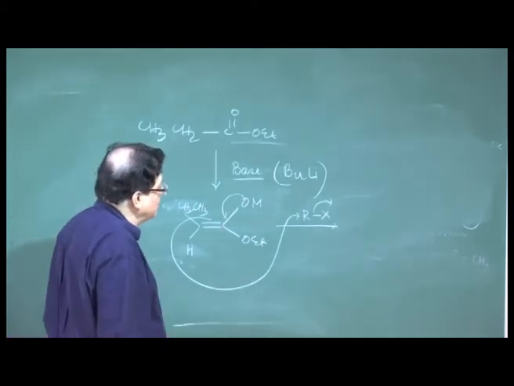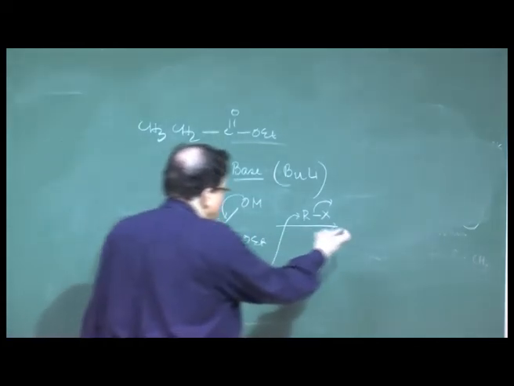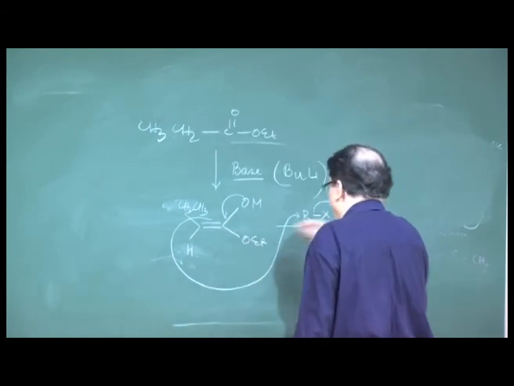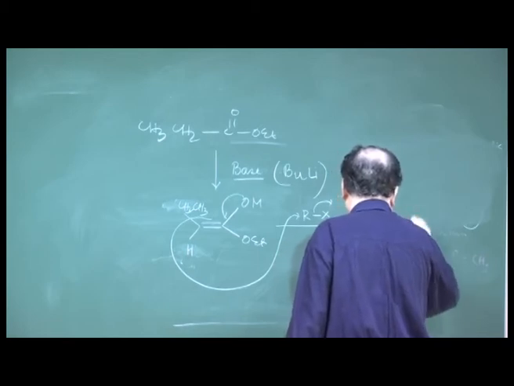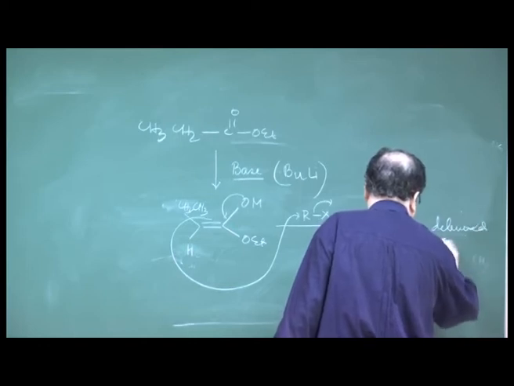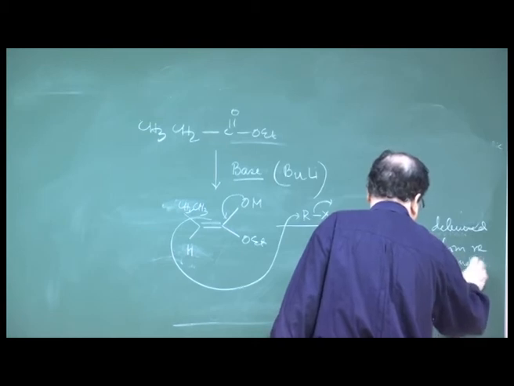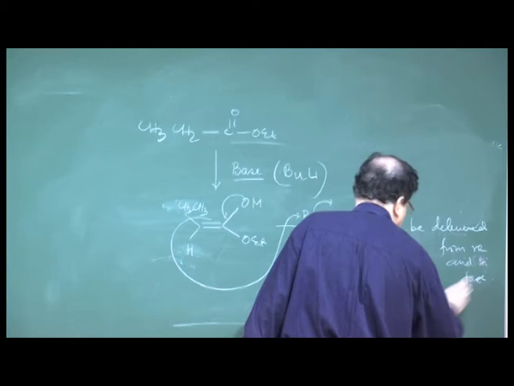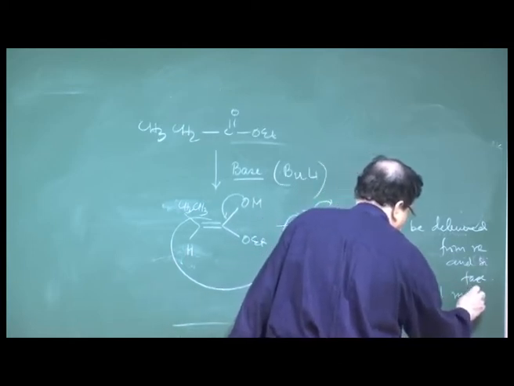Because the ultimate product is an enantiomer. So, R will be delivered from both the Re and Si faces in a 50-50 manner, in a 1:1 manner. So, you get a racemic compound.